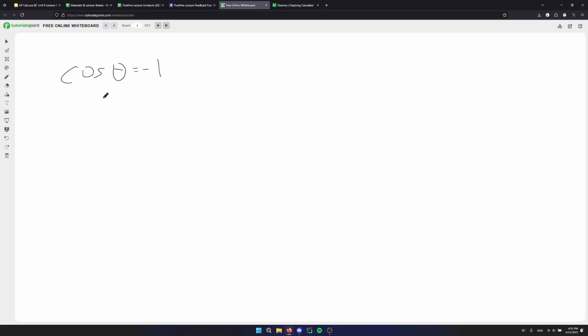Hopefully my trig isn't failing me. When cosine of theta is -1, that's when theta is equal to pi. And I believe that's only one from 0 to 2 pi.